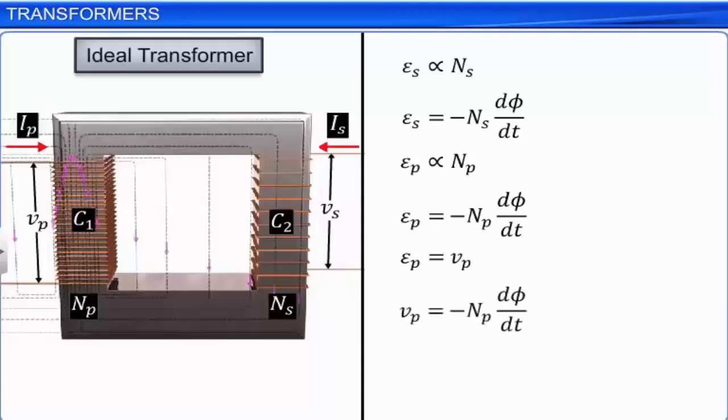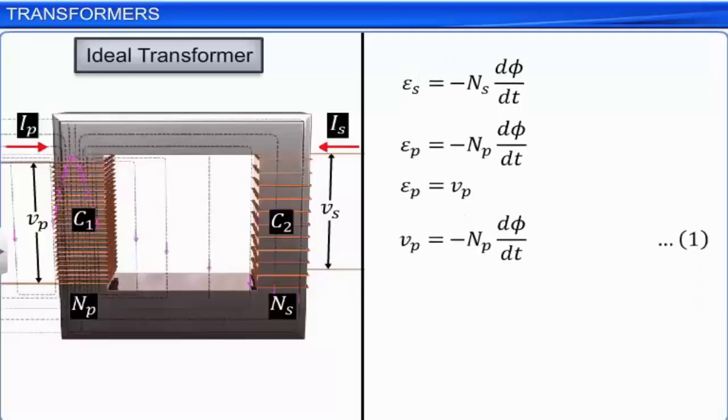If the current taken from the secondary coil is small, as it is an open circuit, then, to a good approximation, we get induced EMF ES equal to voltage across the secondary coil VS. Hence, we have VS is equal to minus NS into d phi by dt. Let this be equation 2.